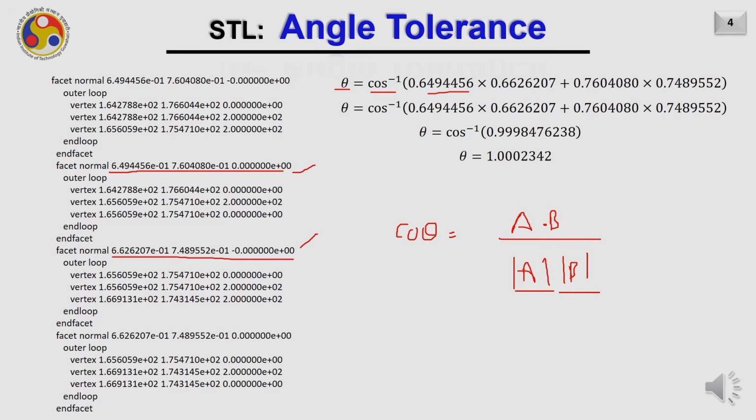So the dot product is written here, theta equals cos inverse. This is the product between the x components, and this is the product between the y components. The z component is 0, hence it is not written here. And finally, you will have theta equals cos inverse 0.9998476238, and hence theta equals 1.0002342.